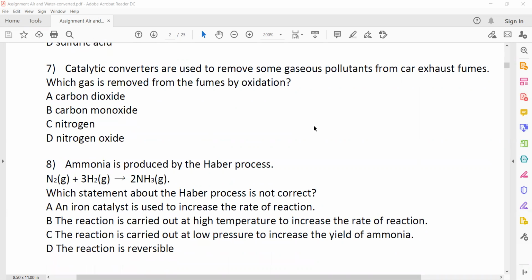Question 7. What is the answer for question 7?